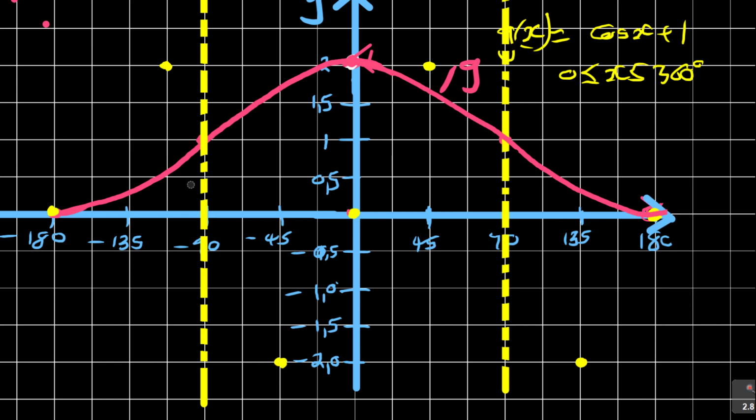I just wanted to draw it nicely, but here you've got a graph like this. You end there, and here you've got a graph negative. You've got a graph like this.